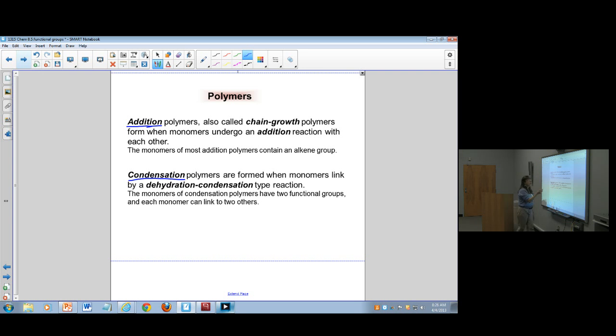Addition polymers undergo, shockingly, an addition reaction, and they usually consist initially of some kind of an alkene group. And condensation polymers have 2 different functional groups. By dehydrating the reaction, you can link those two different monomers together.